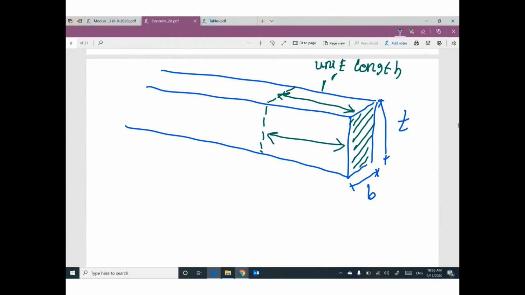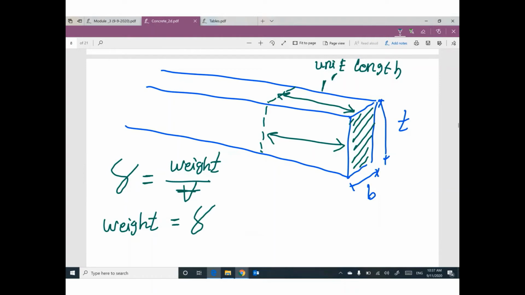Gamma equals, do you remember gamma? Weight per volume. So the weight of anything in real life equals gamma of the material times the volume of the beam, of the body.